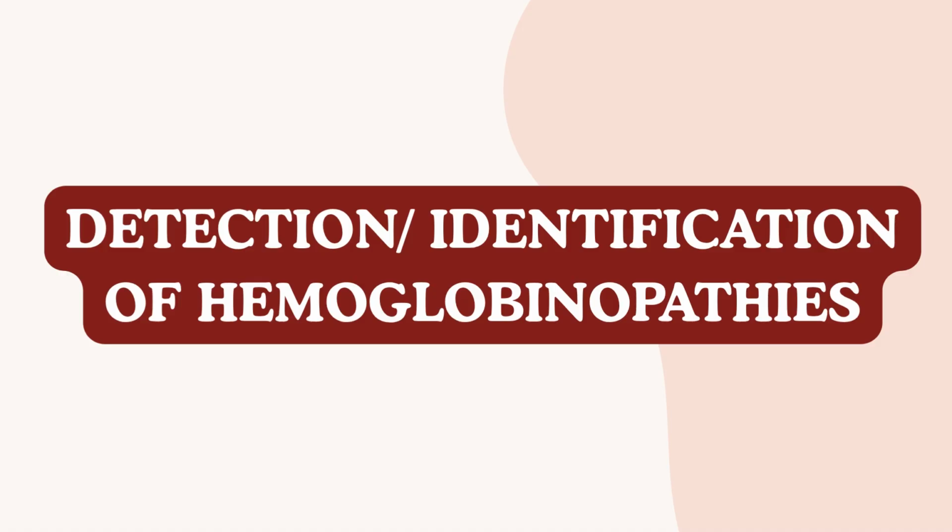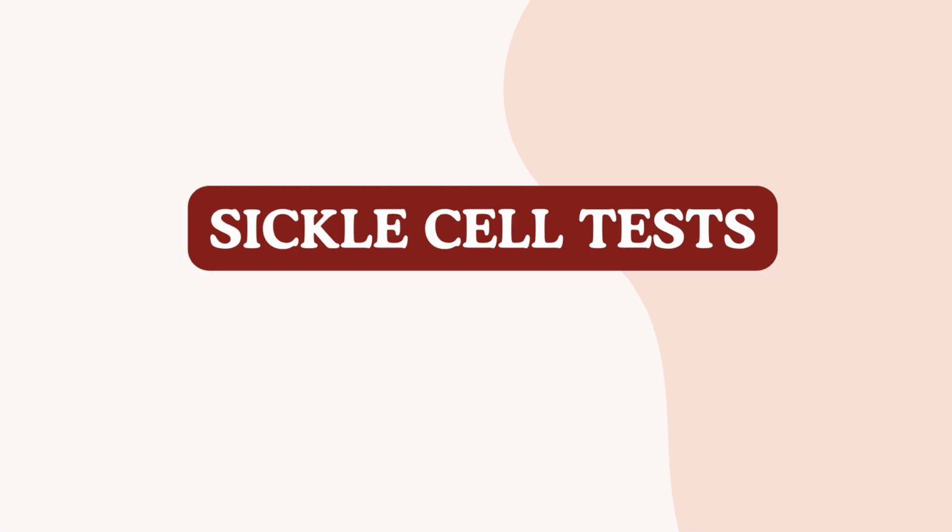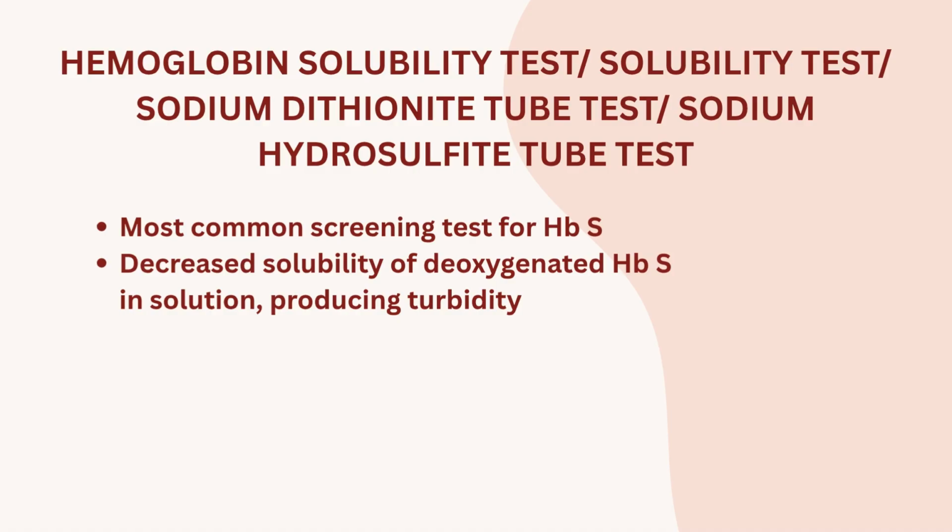Now let's go to the detection or identification of hemoglobinopathies. Let's start with the sickle cell test: the hemoglobin solubility test, or sodium dithionite tube test, or sodium hydrosulfide tube test.